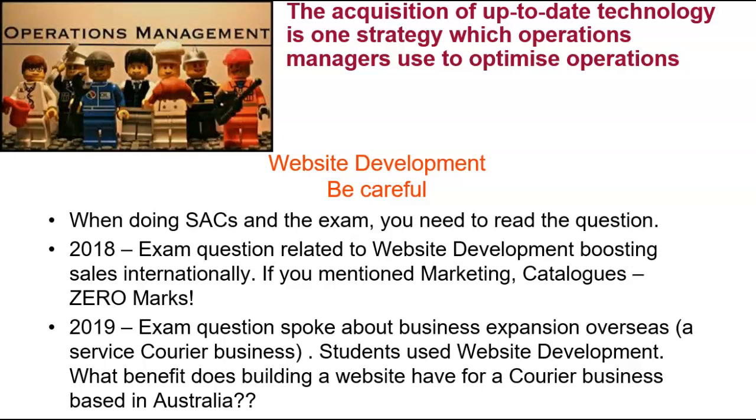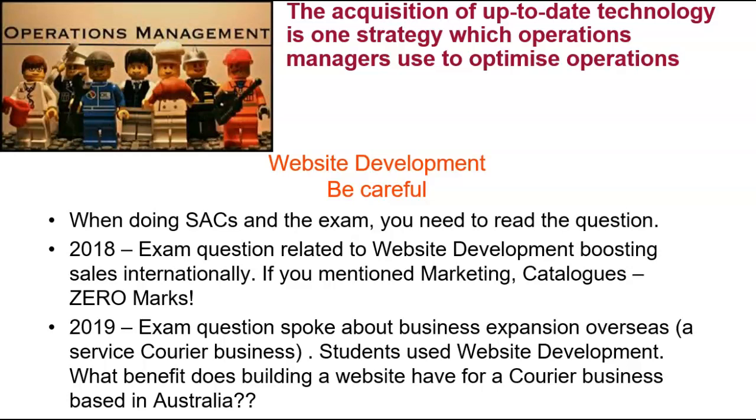In 2019, there was an exam question which spoke about business expansion overseas, and the business the exam spoke about was a service business, a courier. Students used web development in that scenario about how to expand overseas.